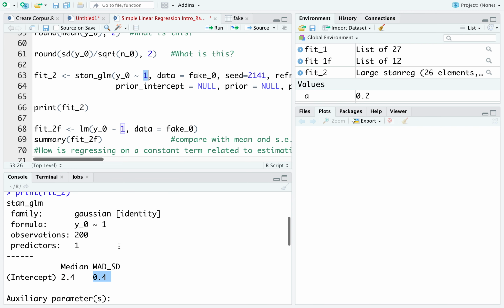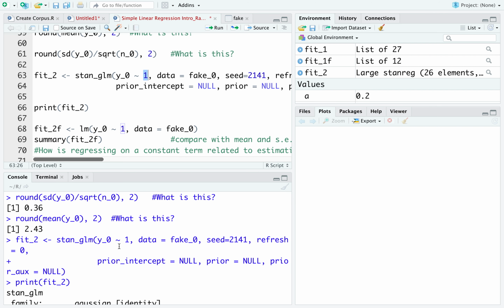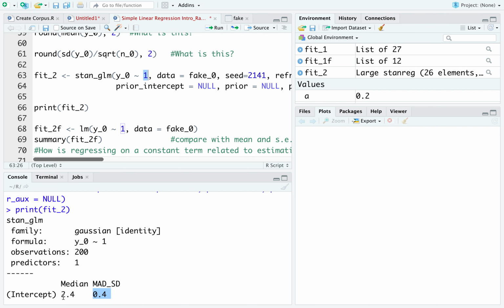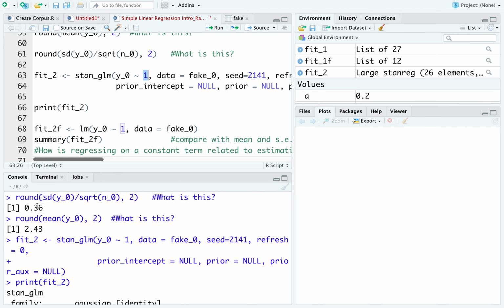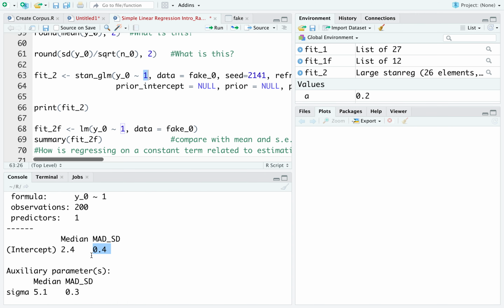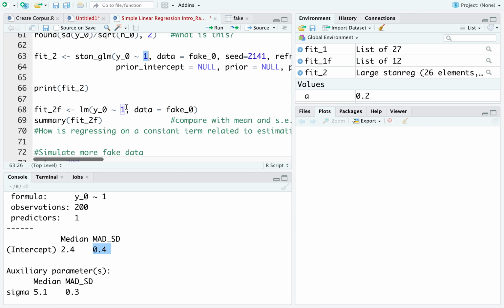What does that look like? 2.43, 2.4, 0.4 uncertainty indicator, 0.36 as our standard error before, right? What's going on here?